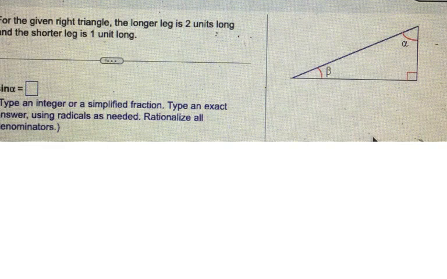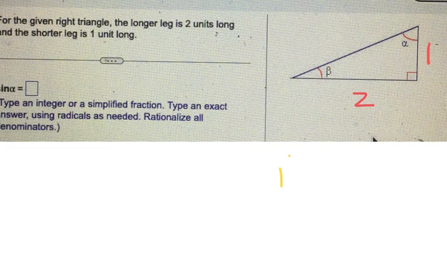Okay, so here I'm told that the shorter leg is 1 unit long. So I'm going to put that on the drawing here. So across from beta is 1. It tells me the longer leg is 2 units long. So the first thing I need to do is find the missing side, which is the hypotenuse. I can find that missing side by using the Pythagorean theorem.